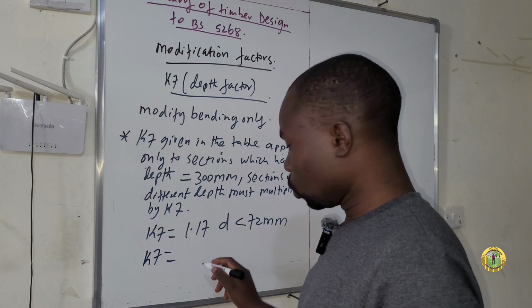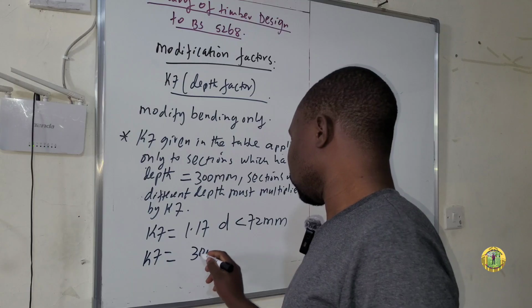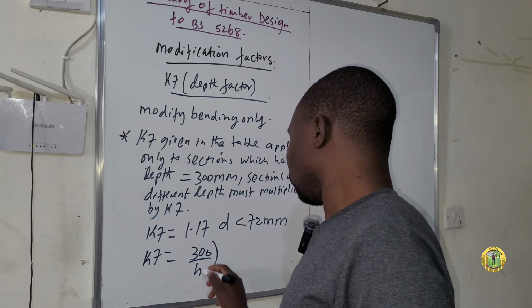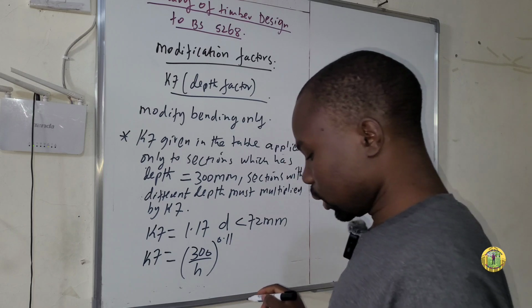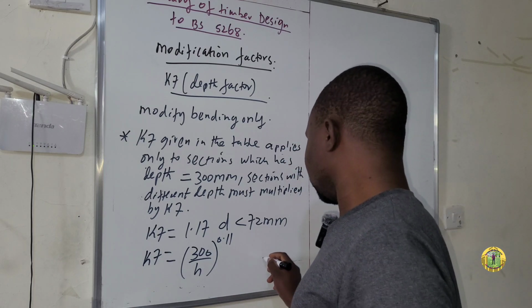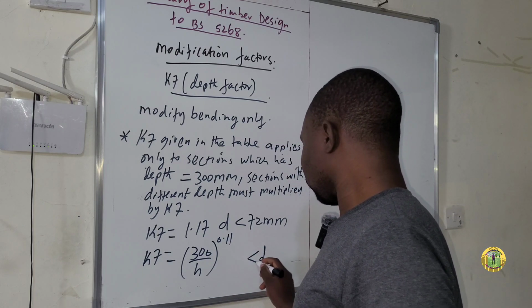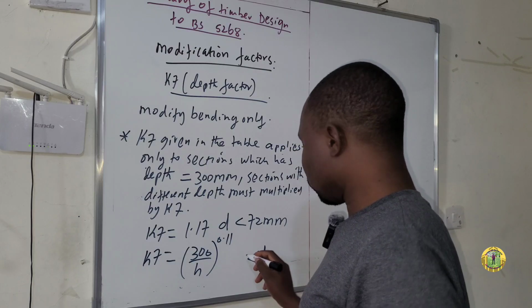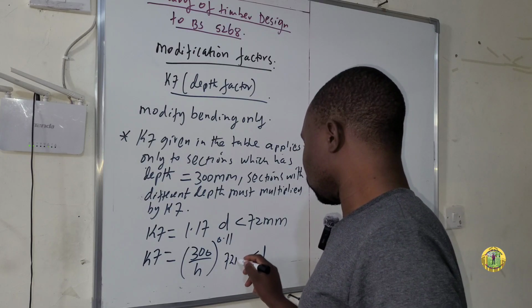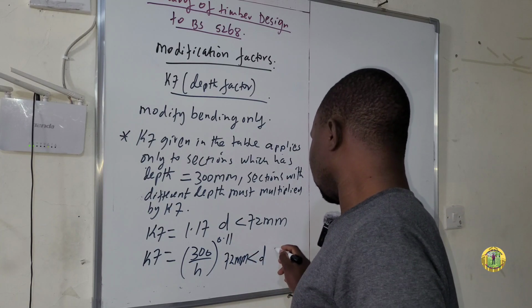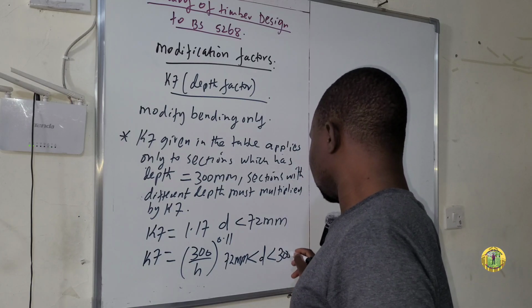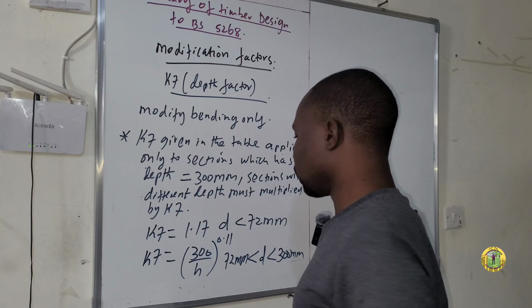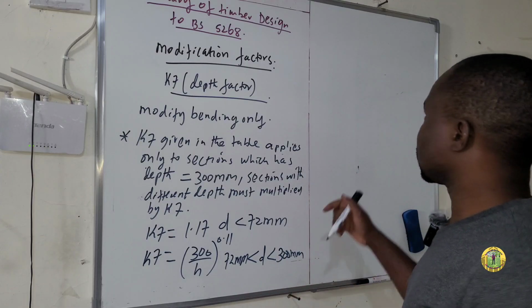So K7 is equal to 300 over H raised to power 0.11, and for this one, D is greater than 72 millimeter but less than 300 millimeter. So this is the second case.